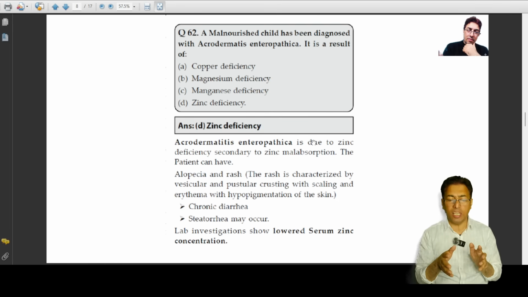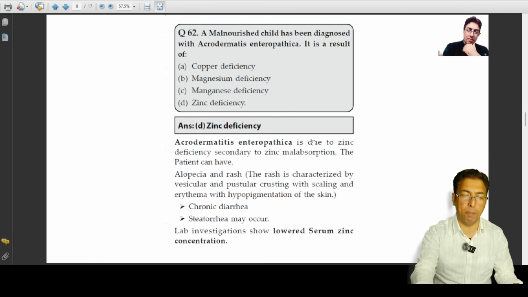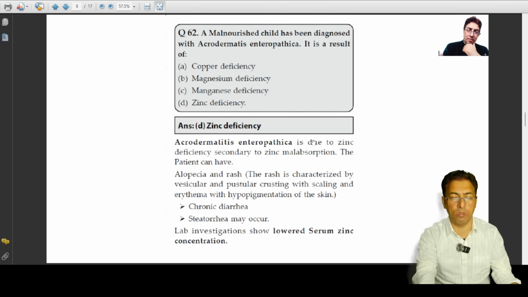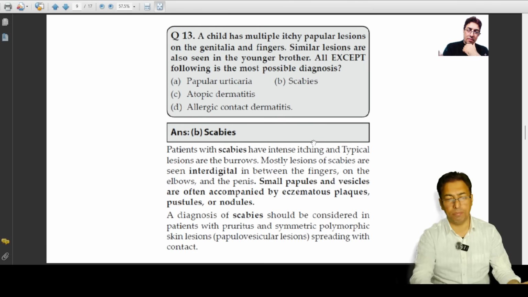So zinc is a very important element which is given in many compositions these days to the pediatric age group, so that patients with classic acrodermatitis enteropathica and low serum zinc levels are supplemented with zinc. You have to remember the importance of zinc as an element and its deficiency.